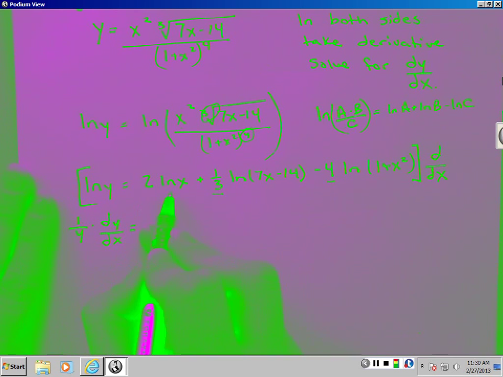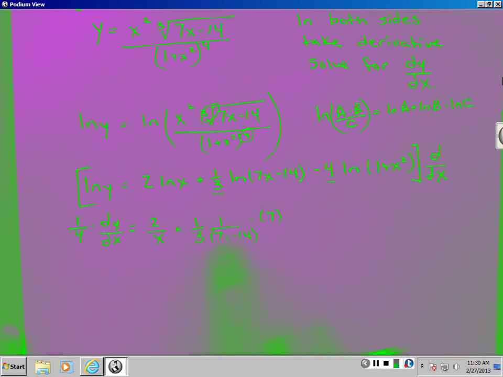What's the derivative of 2 ln of x? 2 over x. What's the derivative of a 3rd ln of 7x minus 14? Right, you guys see each part of that. So I could throw the 3 in there.